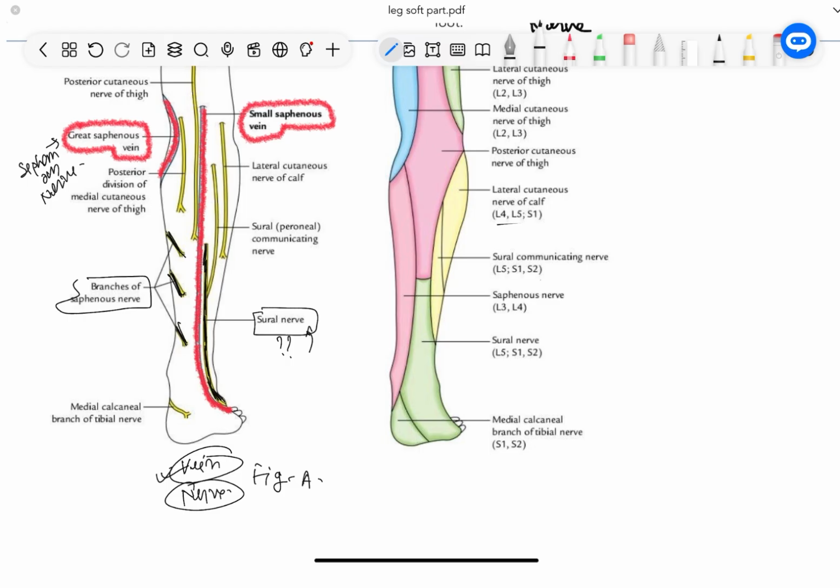Then the posterior division of the medial cutaneous nerve of the thigh. You can see it here. It will also supply the medial aspect of the leg posteriorly.